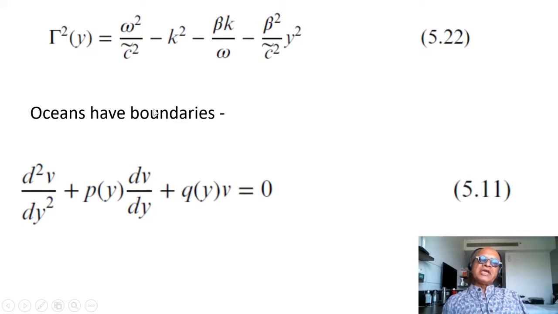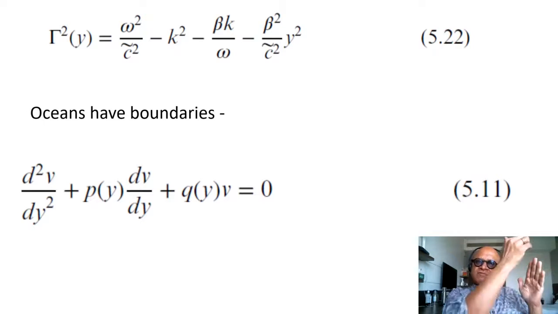The complication with respect to the atmosphere, which we have to remember all the time for oceans, is that the ocean has boundaries, so we will need boundary conditions, and waves do behave in a very nice, cute way in the ocean in terms of converting from equatorial Kelvin waves to coastal Kelvin waves, dispersing as Rossby waves, or Rossby waves hitting the western boundary, becoming short Rossby waves, and depositing energy to produce coastal Kelvin waves, and so on and so forth.